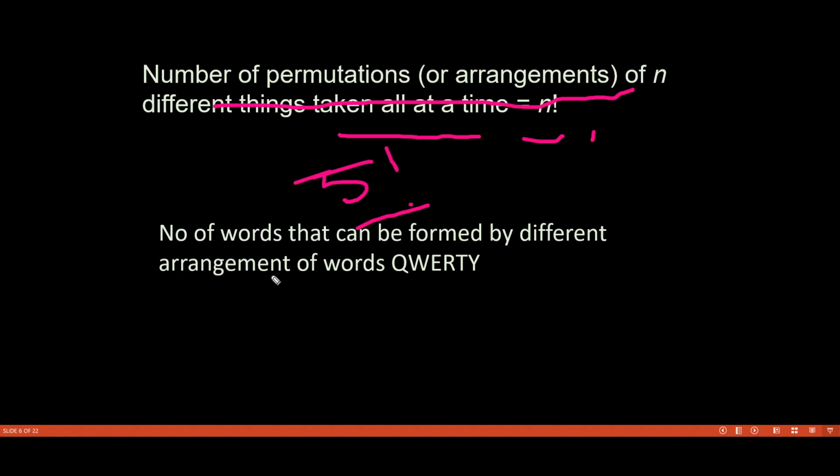Like see the word QWERTY. If someone asks you the number of words that can be formed by different arrangements of the letters of QWERTY, how many letters are there? There are 6 letters, all are distinct, so factorial 6 will be your answer. So the number of permutations of n different things taken all at a time is factorial n. Do remember this. Let's move on.